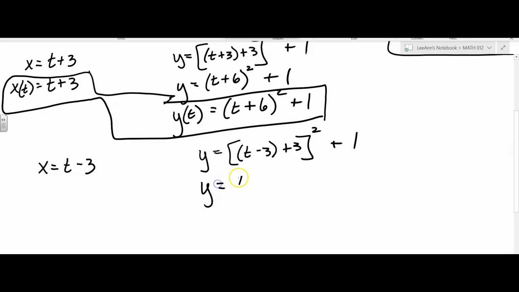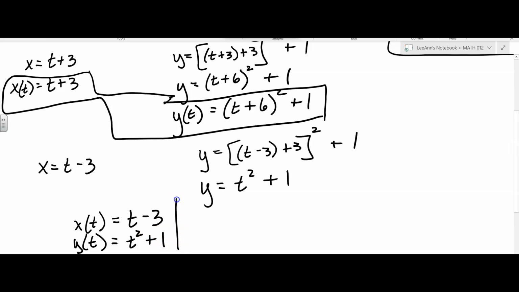And then I get y equals t squared plus 1. So it makes my two parametric equations, which would be x of t equals t minus 3 and y of t equals t squared plus 1. It makes them a little more identifiable, a little bit easier to graph and stuff. So maybe I would choose that method.